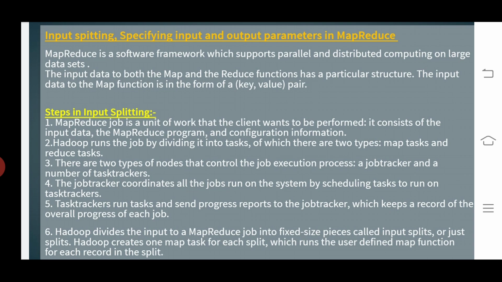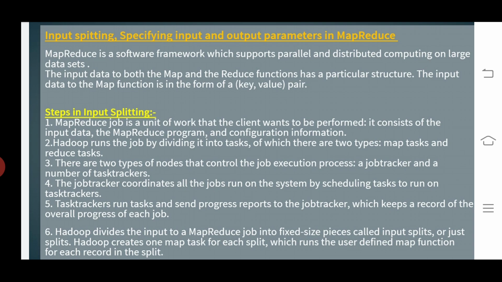Now we can see what the steps are. First of all, what is MapReduce? It is a software framework which supports parallel and distributed computing on very large amounts of data sets. It runs on a cluster with commodity hardware.